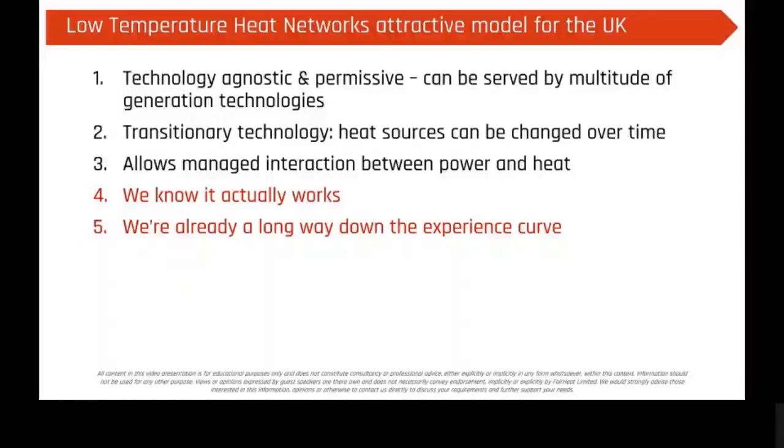So we can put the infrastructure in. It doesn't necessarily have to be optimized on day one in terms of its low to zero carbon generation, but over time we can transition that generation technology. So it's a really agnostic infrastructure that we can use to decarbonize over time, not just get an instantaneous gain in terms of the design.